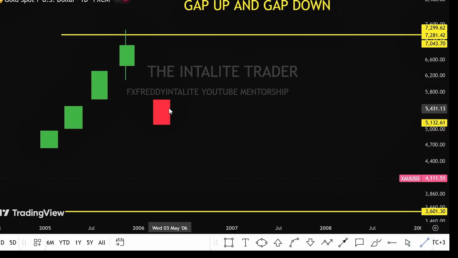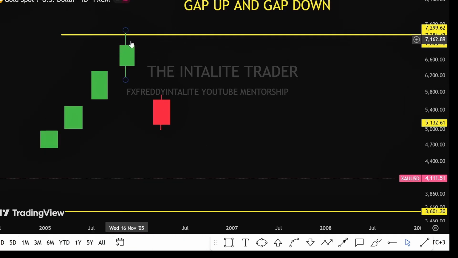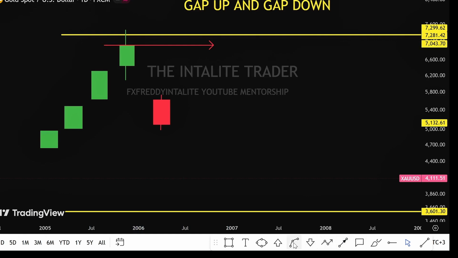When you see such a candle, all you do is mark the previous day's closing price and the new day's opening price.